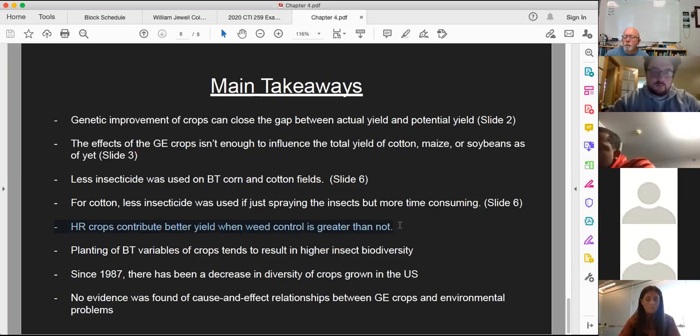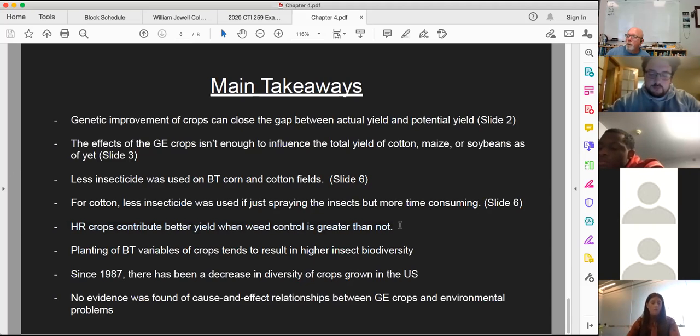Okay, so this is something that kind of recurs throughout this chapter that you guys didn't really key on very much. When you think about yields, they mentioned a number of times in this chapter that the use of both BT crops that basically create their own pesticide and herbicide-resistant crops, those yields oftentimes tend to be better, but only in those situations where there's actually a huge pest problem for BT crops and a huge weed problem for herbicide-resistant crops.